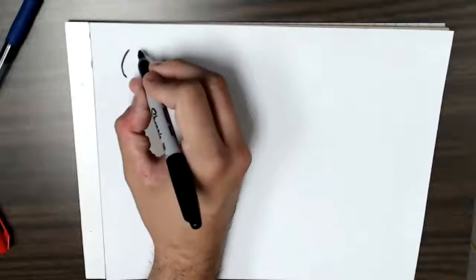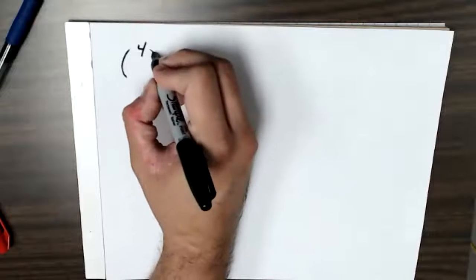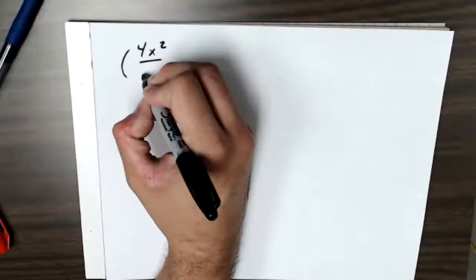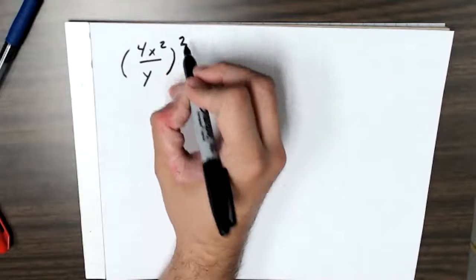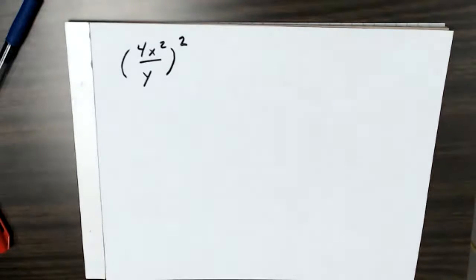So if we looked at, let's say, 4x squared over y raised to the second power. I'm kind of throwing you in a little bit of the deep end here.